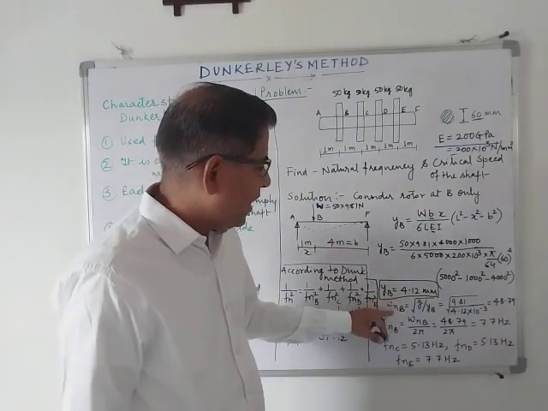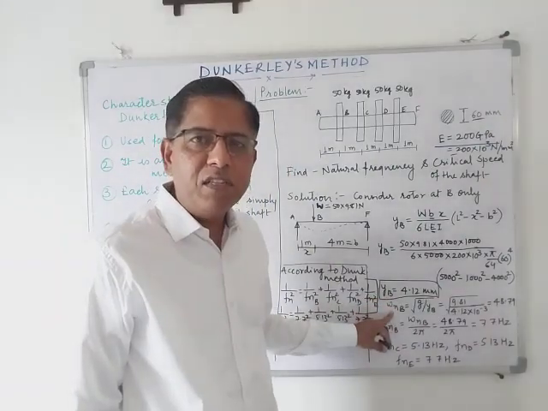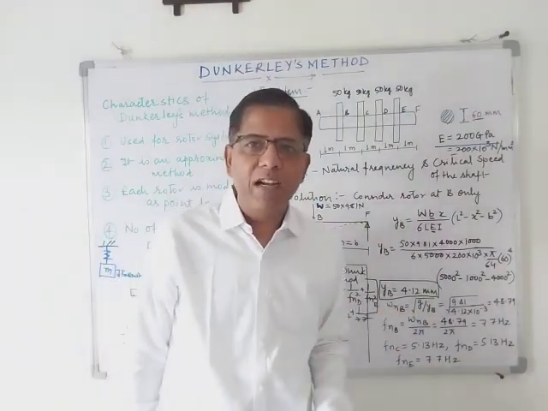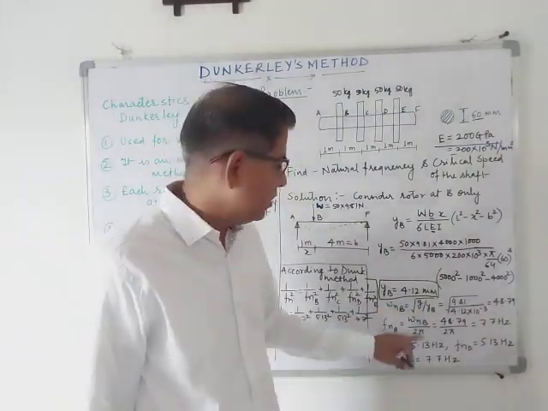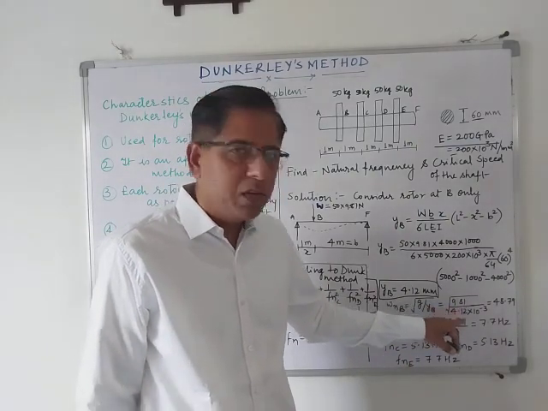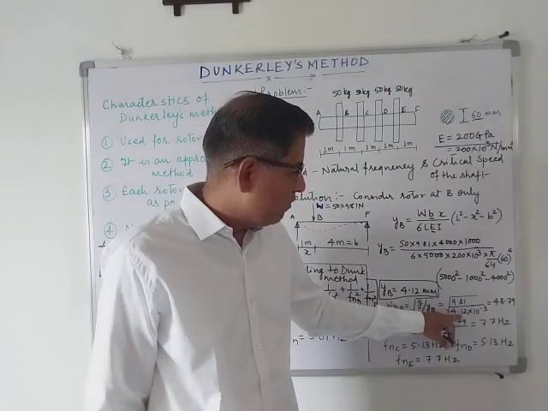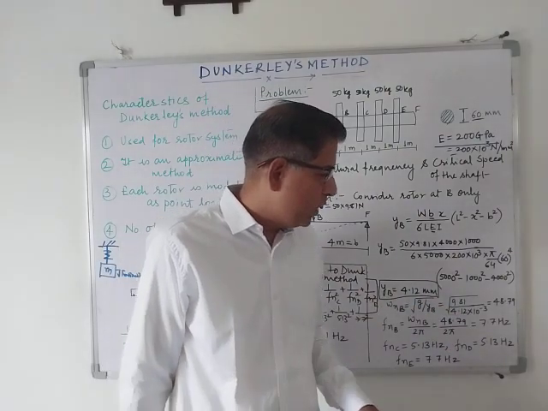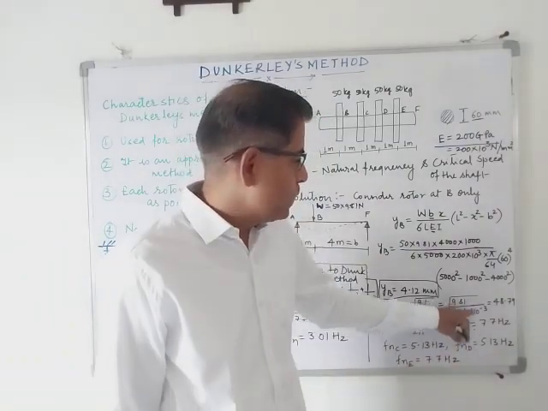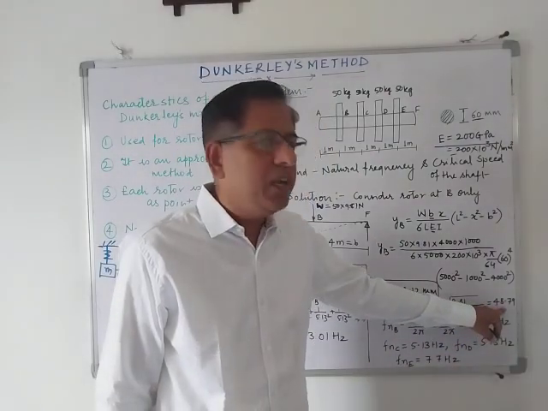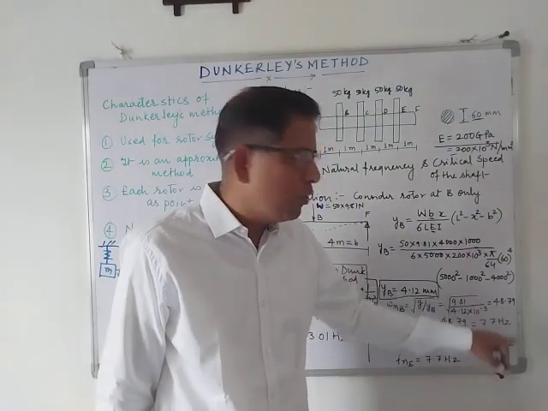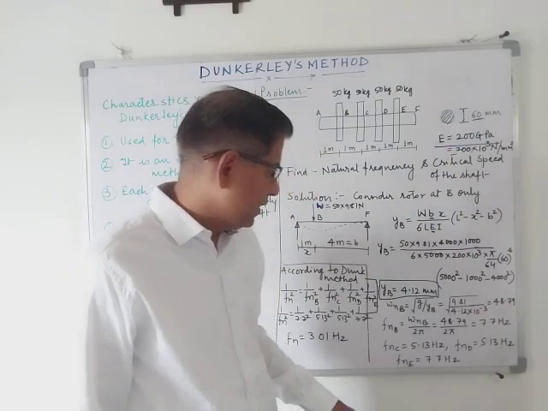Then we find out the natural frequency in radian per second by using the formula under root g by delta, or g by the deflection. Here we'll put g as 9.81 meter per second square, and the deflection comes out to be 4.12 into 10 to the power minus 3. Here we'll put the values in meter, and we obtain omega nB as 48.79 radian per second.